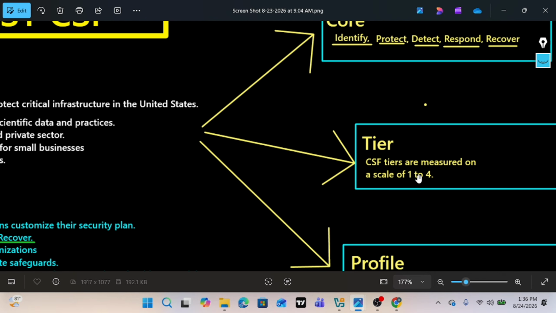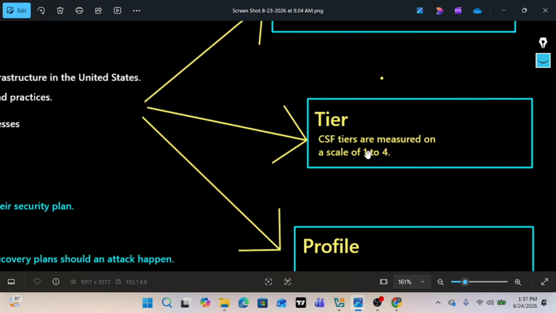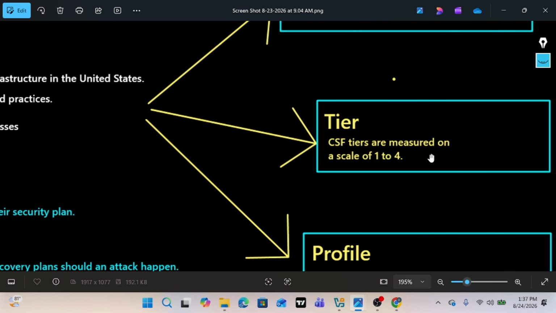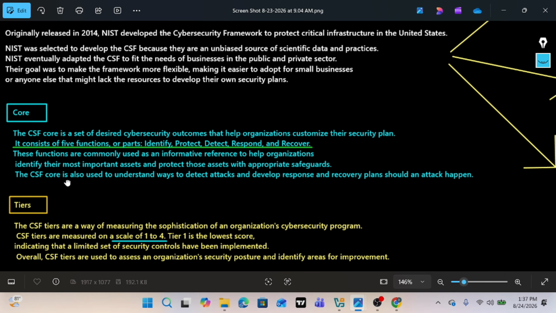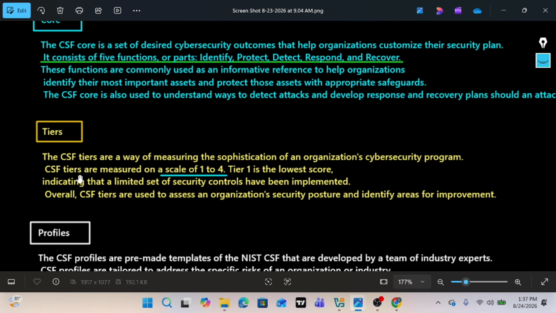And then when it comes to the tiers of the NIST CSF, they are measured from 1 to 4, and tier 1 is the lowest. This is what we use to measure your security posture, to know how standard or how strong your security posture is. Let me show you something here. The CSF tiers are measured on a scale of 1 to 4, and tier 1 is the lowest score.